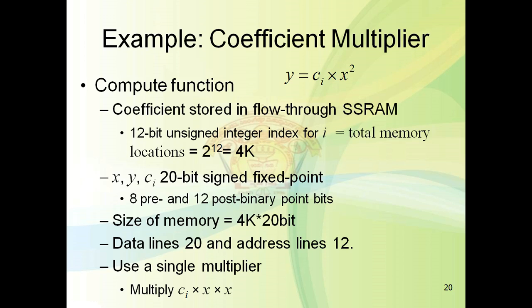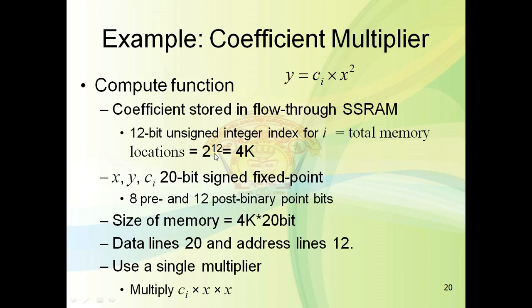We have to solve the function y equal to ci into x square, and the area is restricted, so we have to multiply ci by x and then by x. The total number of locations is given by the input index I, which is a 12-bit unsigned integer. 12-bit means you get 12 input lines.